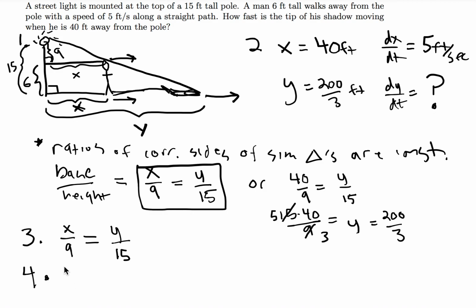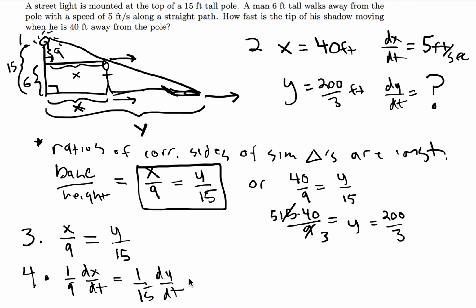You steal the constant. So here, if I implicitly differentiate with respect to t, I will get 1/9, but this was an x function, so I need a dx/dt. And over here, I'll get 1/15 times dy/dt. So actually, that y computation we didn't really need. We just needed the rates here.